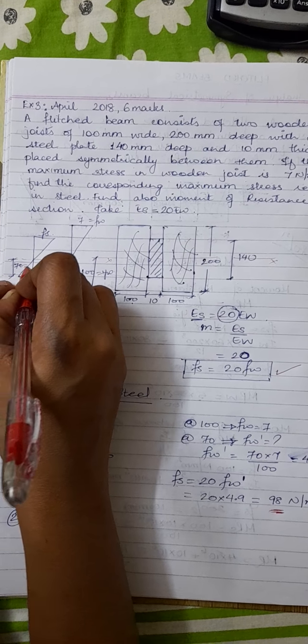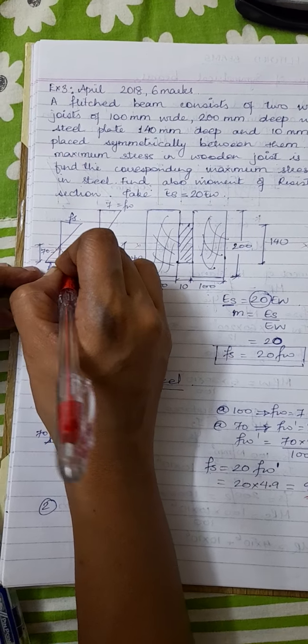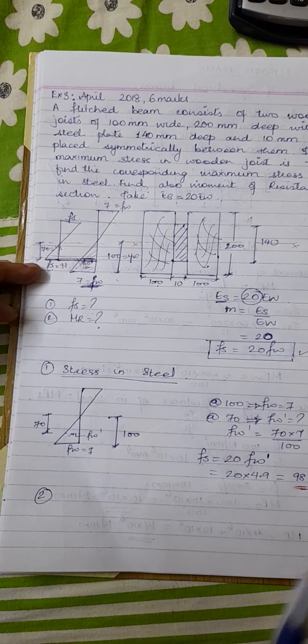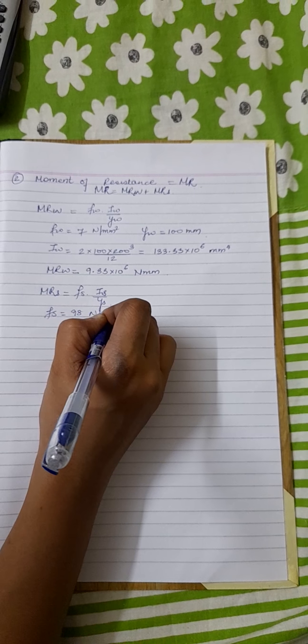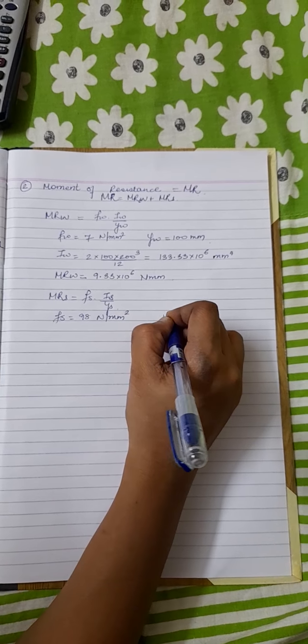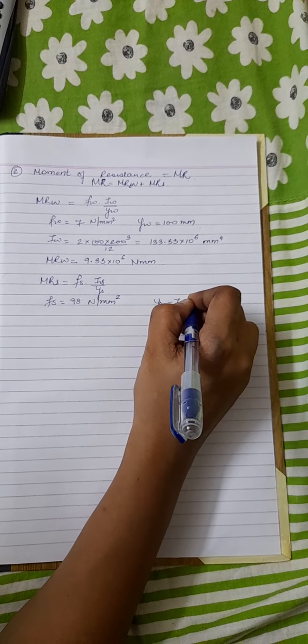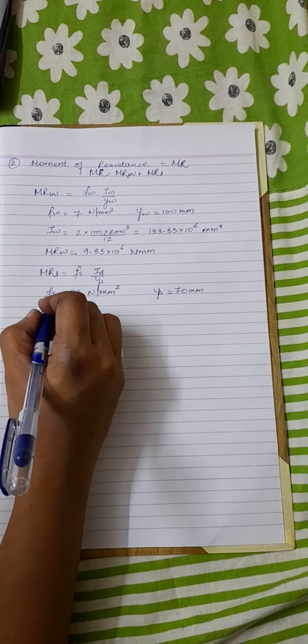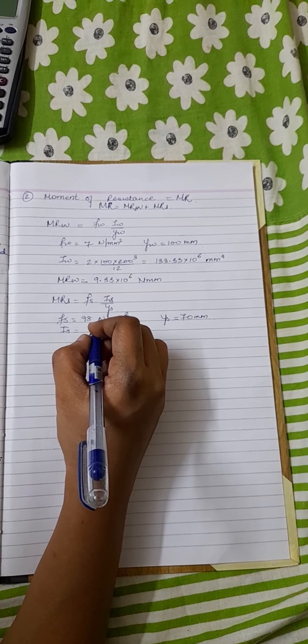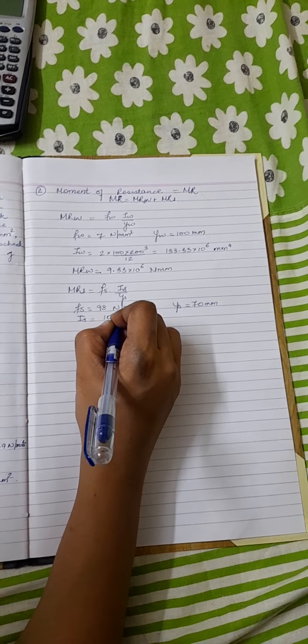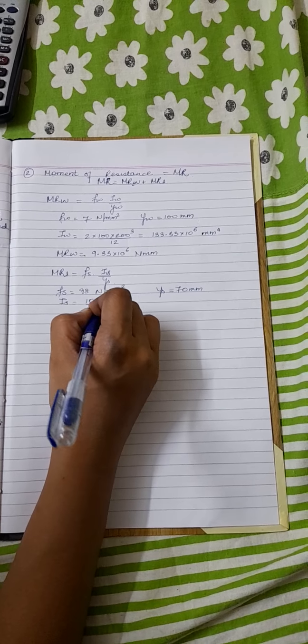So this is going to be the Ys value. So Fs is 98 Newton per millimeter square, Ys is 70, that is 140 divided by 2, and Is is bd cube by 12. What is b of the steel section? 10 into 140 cube by 12.